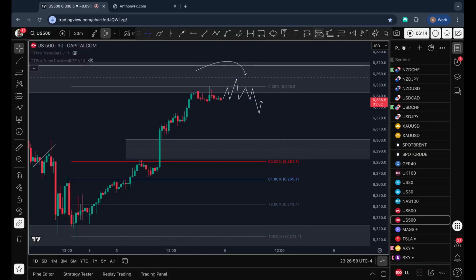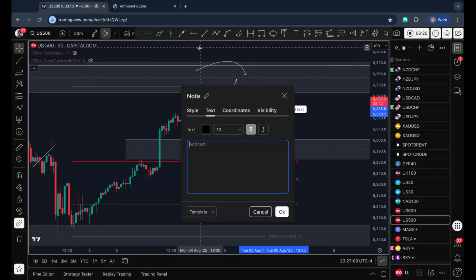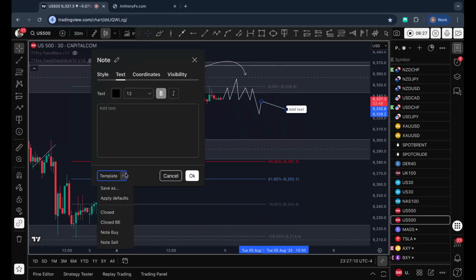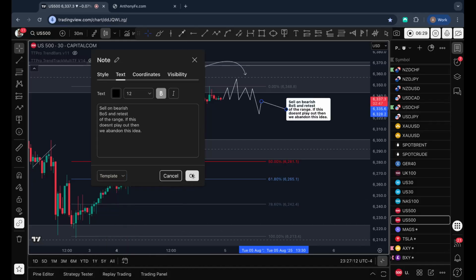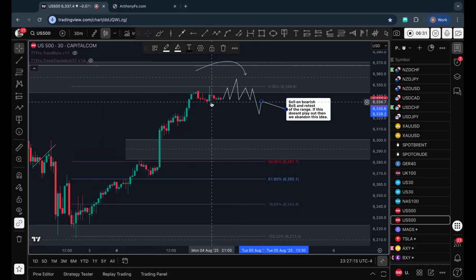So with that, I'm looking for a sell with this criteria: sell on a bearish break of structure and retest of the range.